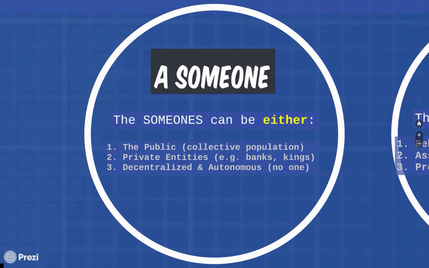I'm not talking about those guys, and I'm also not talking about the official government. When I say the public, I literally mean all the people of a country or a nation or the planet. Okay, that's what I mean, the collective population. So let's not confuse the government with the public.